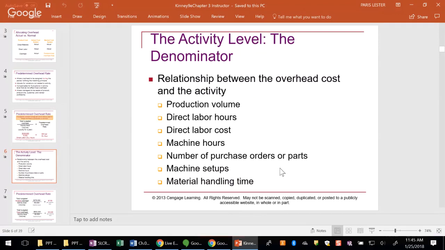All right, these three, direct labor hours, direct labor costs, and machine hours are the normal ones. But here are some more: production volume, number of purchase orders, how many times machines are set up, or material handling. There are some other ways, but you've only heard of these 3: direct labor hours, cost, and machine hours.